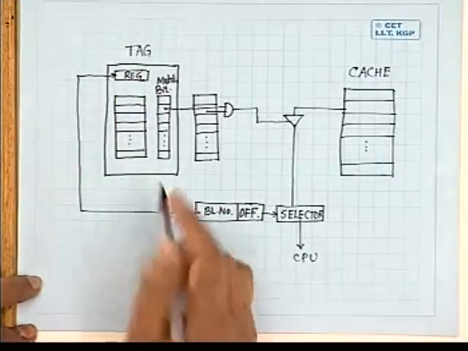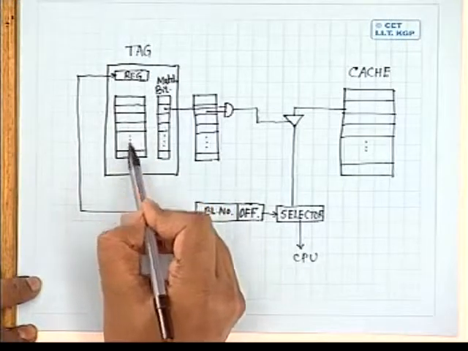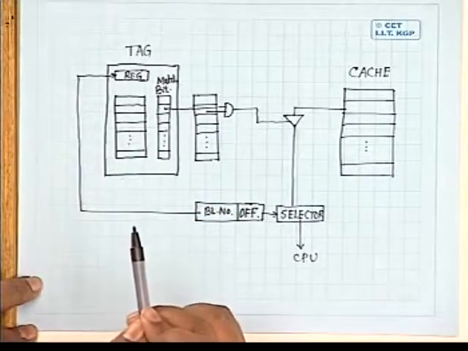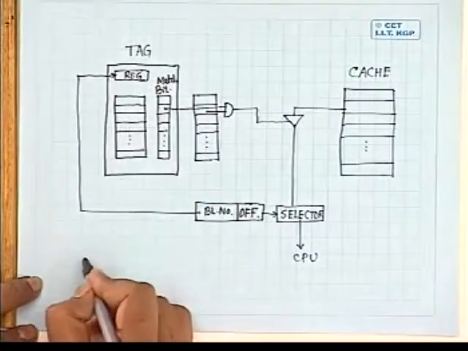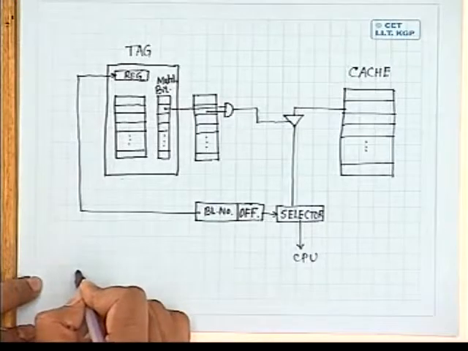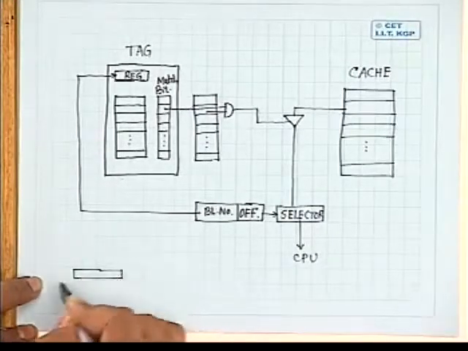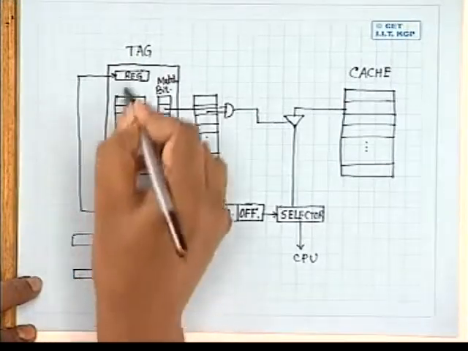Now between this register and every such tag location, I have an array of XOR gates. If I take a particular tag memory location, here I have this register.